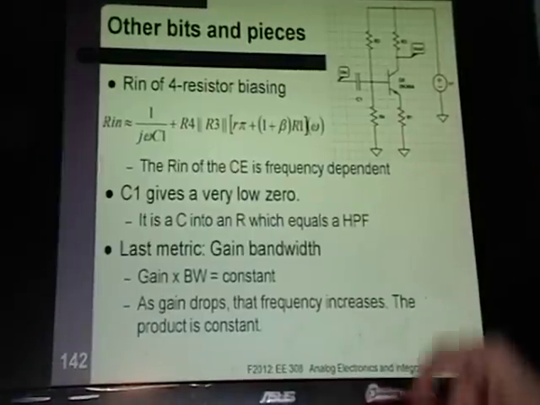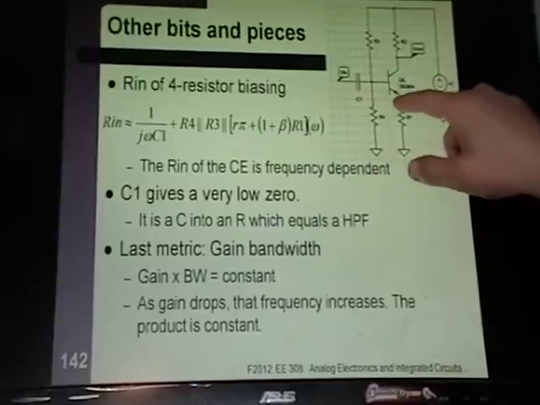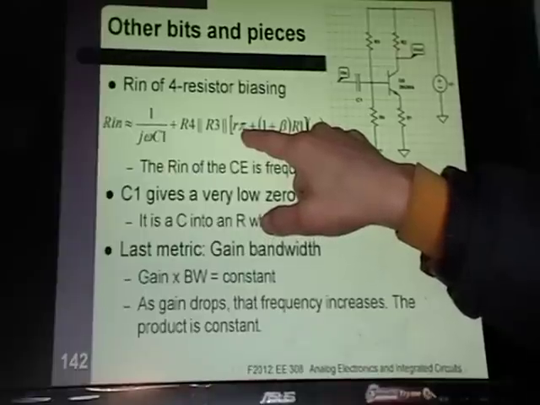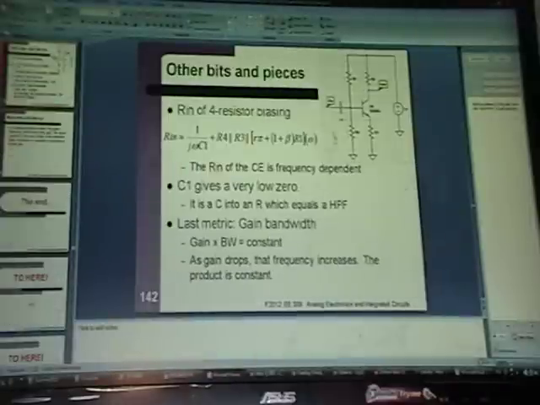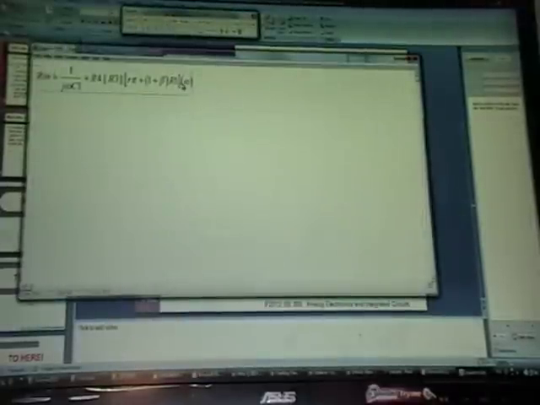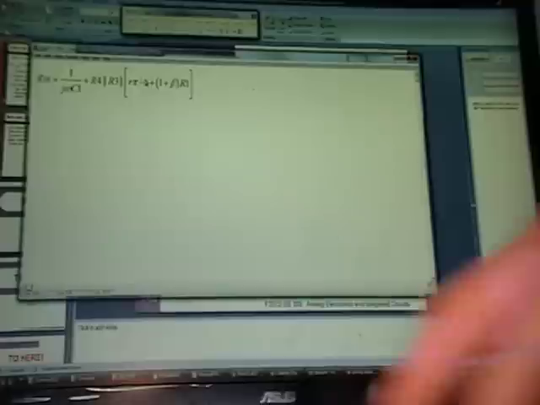Okay. And this is a function. I didn't put the CBE into here. The CBE would be in parallel with your R pi. And that's why this omega right here, let's mark this as needing fixing. I think we can just fix that as 1 over, I have to check this, so don't 100% trust this, j omega CBE.